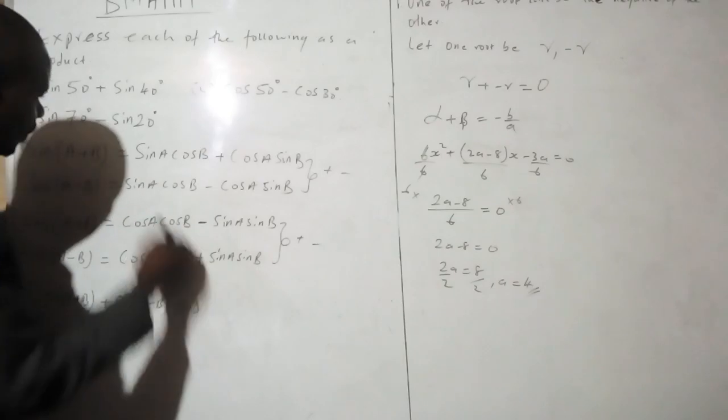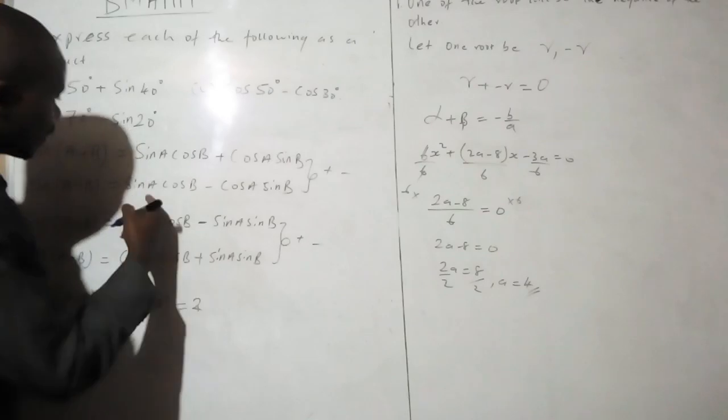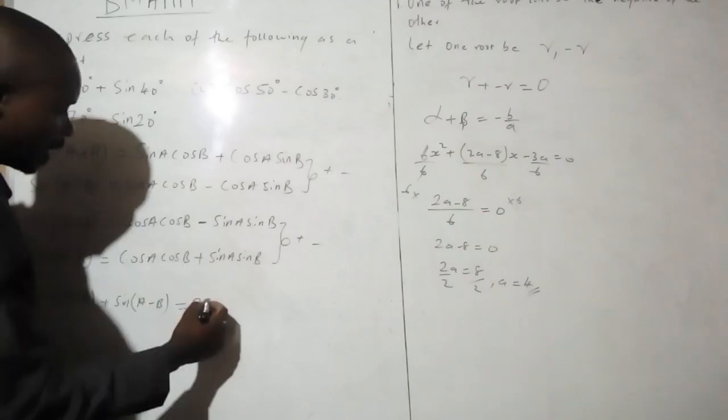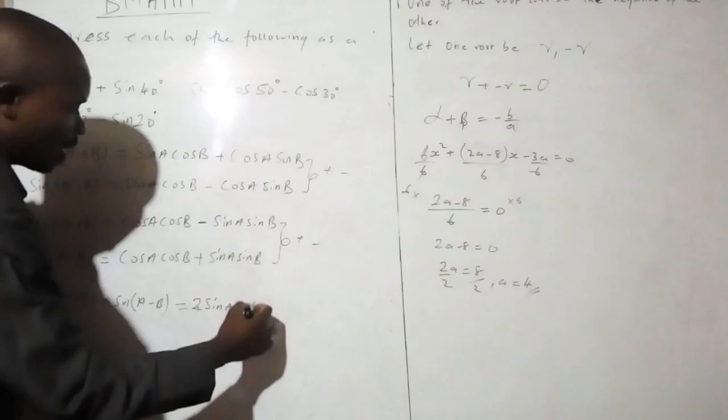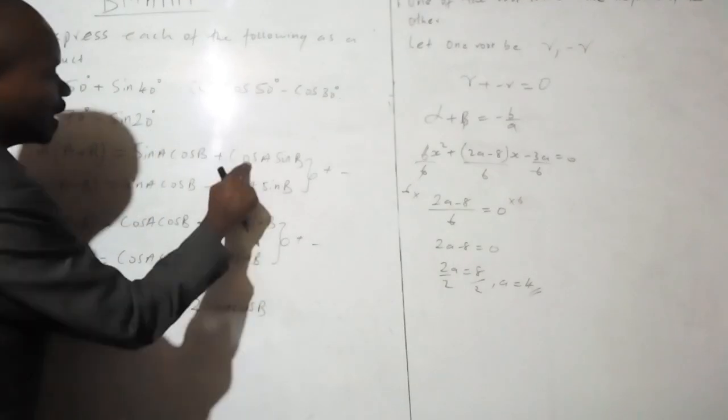Once you add these two, you are going to have 2 sine A cos B. Add this to this, that one will cancel.